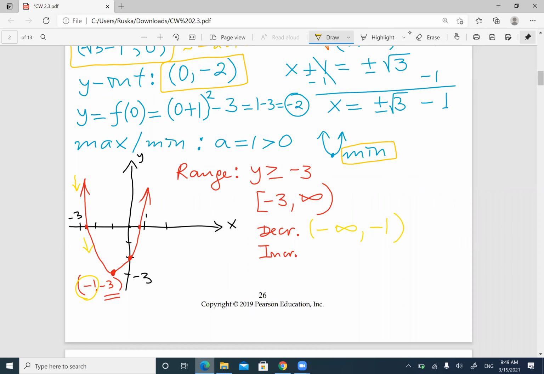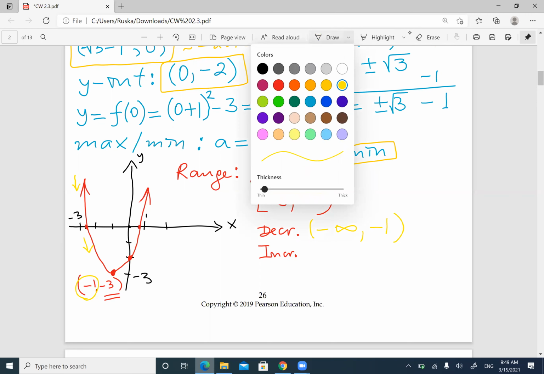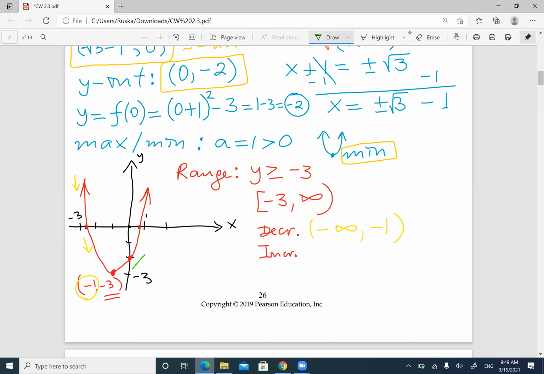Okay? And the graph is increasing, going up left to right. So when you draw the graph from left to right, I'm going to draw it this way, right? It's going to go up, it's going to increase. So the increasing part is going to be from -1 to infinity.